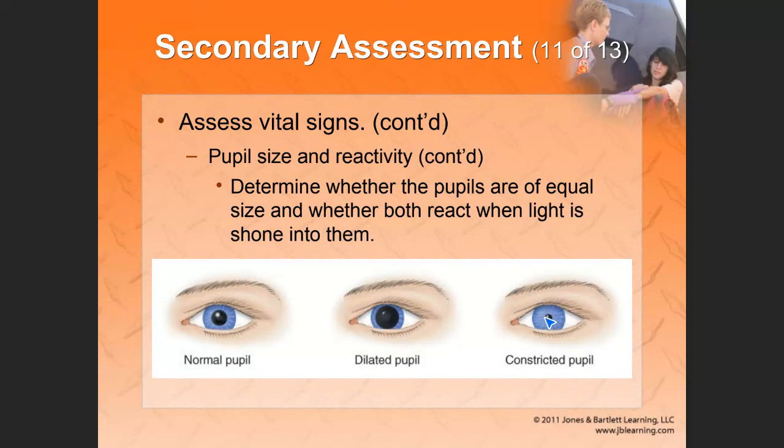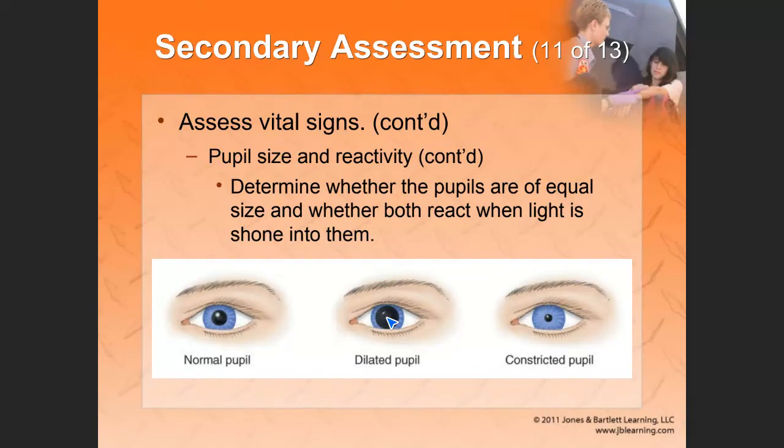decreases brain function. You can shine a light into the pupil and one looks normal and one looks dilated like this one. Now, we call that unequal pupils. When the pupil looks like that, where it's dilated and the other one looks normal, it can indicate that pressure is building up inside of the brain.